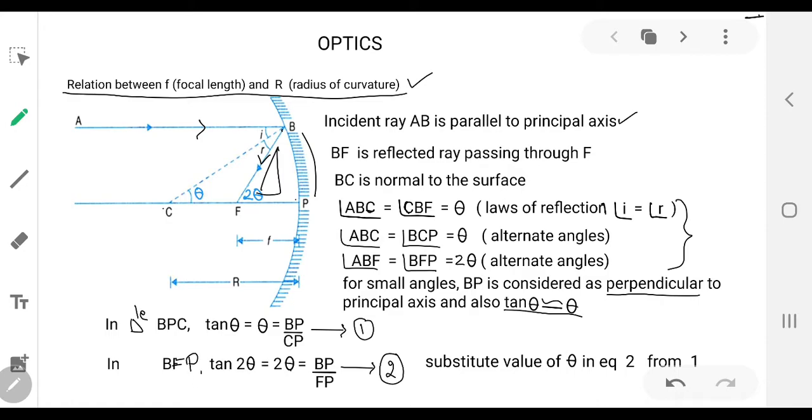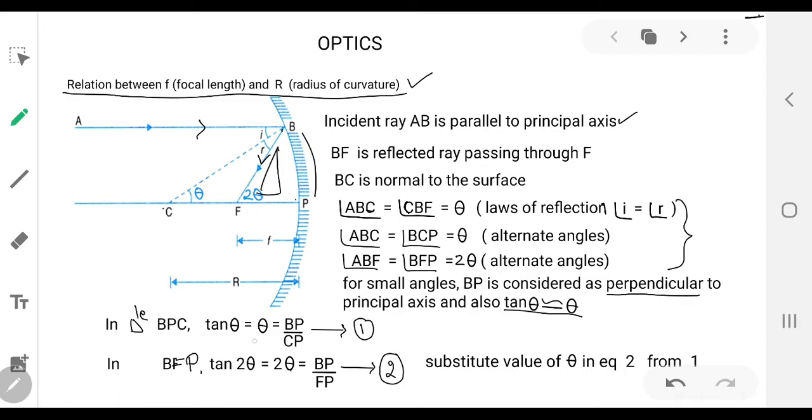So in the right angle triangle BFP, the angle is 2 theta, for which you have to apply the trigonometric function tan. So tan 2 theta is nearly equal to 2 theta. So what is the equation? Opposite upon base, BP by FP. Now let us denote this as equation 2.